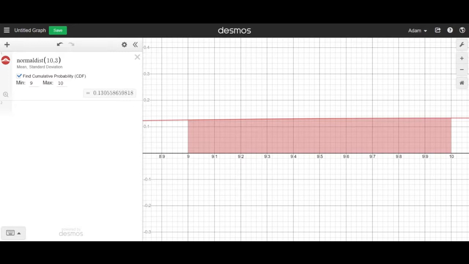And then you convert that to a percent, and you get about 13.056%. So again, this is not a percent, it's the area, but you can easily make it into one by just multiplying by 100. So if this was our data set, the percentage of data values between 9 and 10 would be about 13.056%.